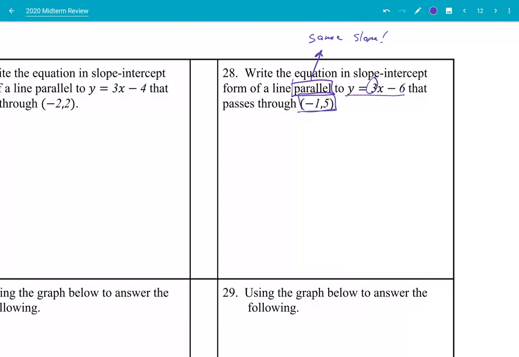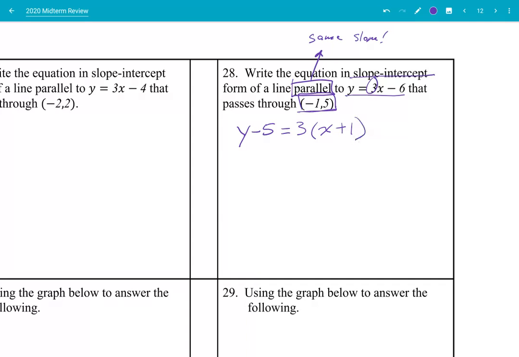We have a point and a slope, so first we're going to write it in point-slope form. That's y minus the y value, which is 5, equals the slope, which is 3, times x minus the x value, which is -1, so I need to make that a +1.